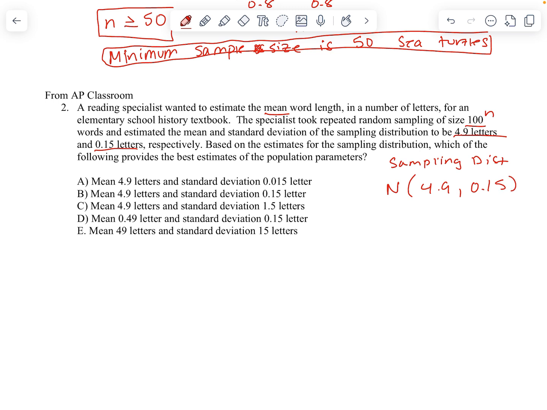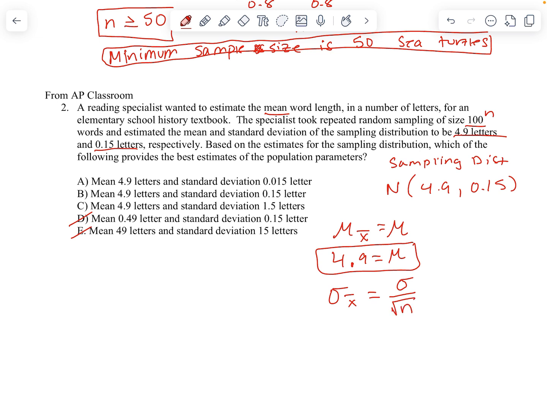So if we think about this, the mean of all the sample means is the same as the population mean. So in this case, we know the mean of all the sample means is 4.9. So our population mean is also 4.9. So I can cross out D and E. And then I'm going to do the same thing. We know the standard deviation of all the sample means is equal to the standard deviation for the population divided by the square root of n.